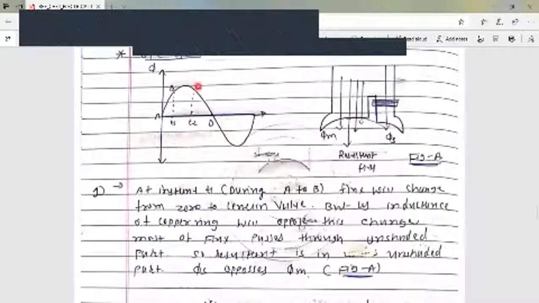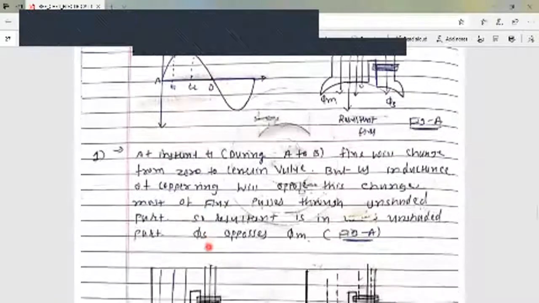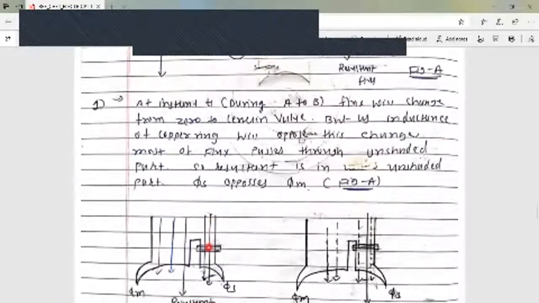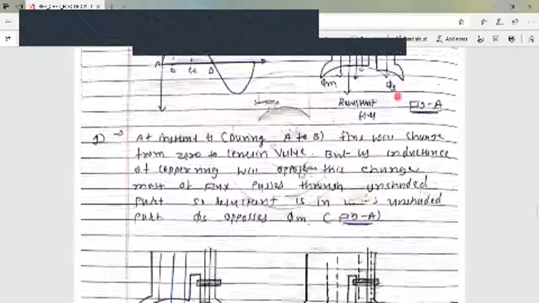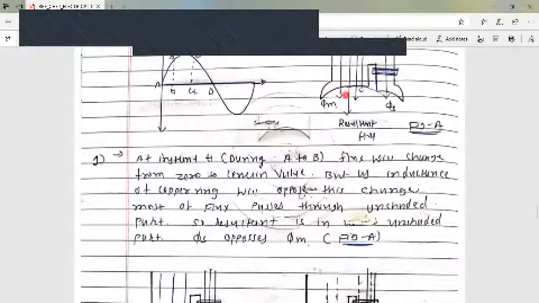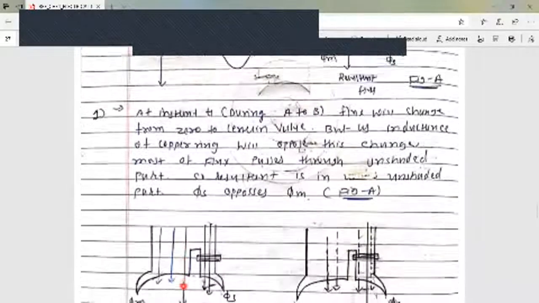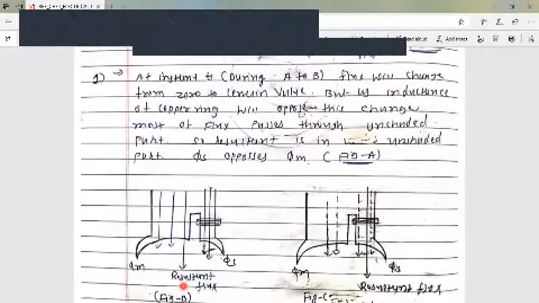Now from B to C, current remains same. Okay. All the flux is in these windings, but it moves towards this side at the center of the pole. In this figure, the resultant flux is here, but now it will shift towards the center of the pole from B to C.